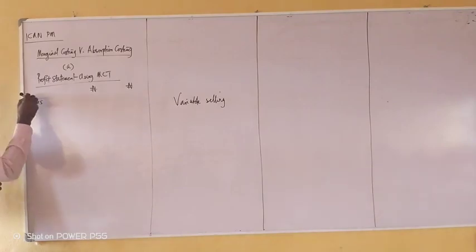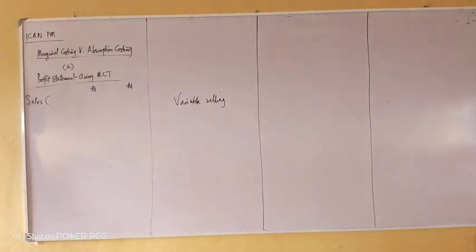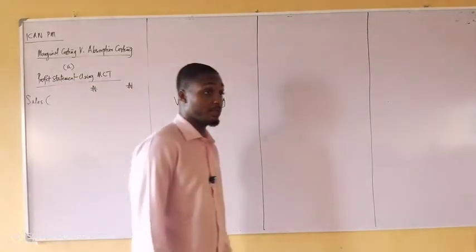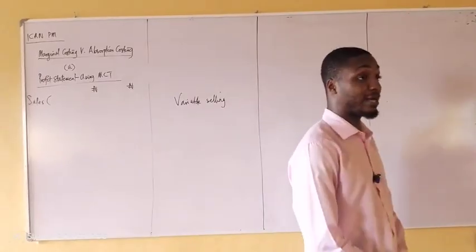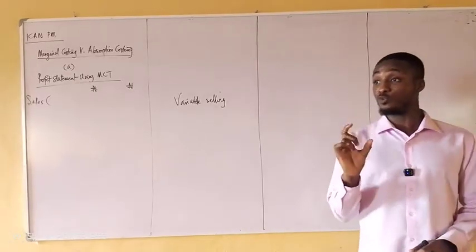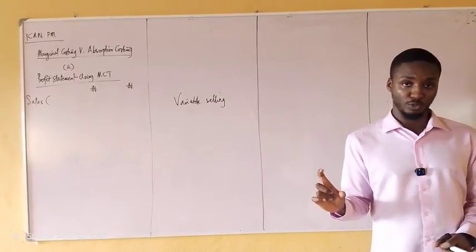Our selling price per unit was how much? 60 naira. And how many goods did we sell? 32,000 cases. Please always be particular as to which units you sold and which units you produced.